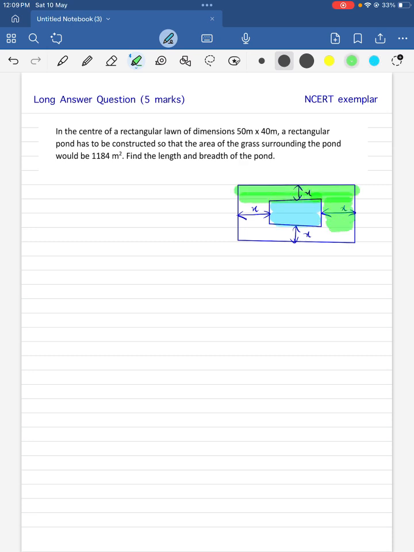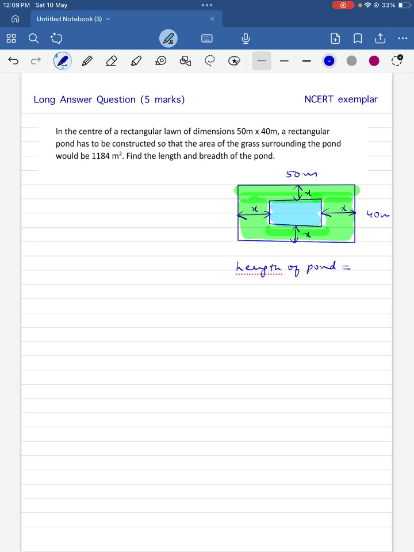Now let me try and find out the length and the width of the pond. They've given you the dimensions of the rectangular lawn as 50 meters, so this is 50 and the width is 40 meters. So let's try to find out the length of the pond. Length of pond would be equal to 50 minus 2x.